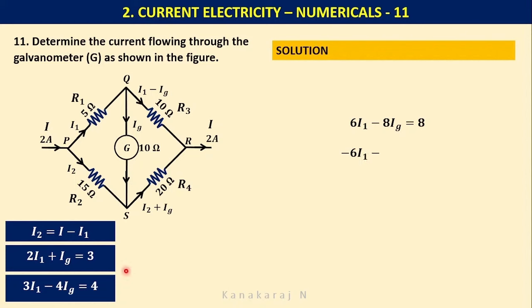Then the second equation is multiplied by minus 3. So you get minus 6I1 minus 3Ig equals minus 9. So when we add these two, 6I1 minus 6I1 gets cancelled. We get minus 11Ig equals minus 1. So Ig equals 1 by 11 is the answer. Ig equals 1 by 11 ampere.